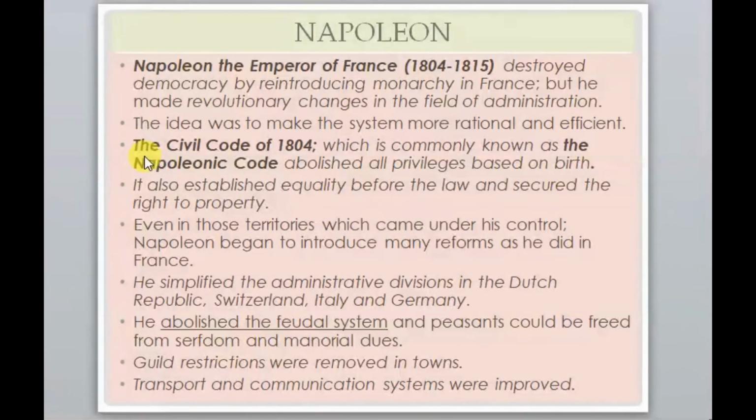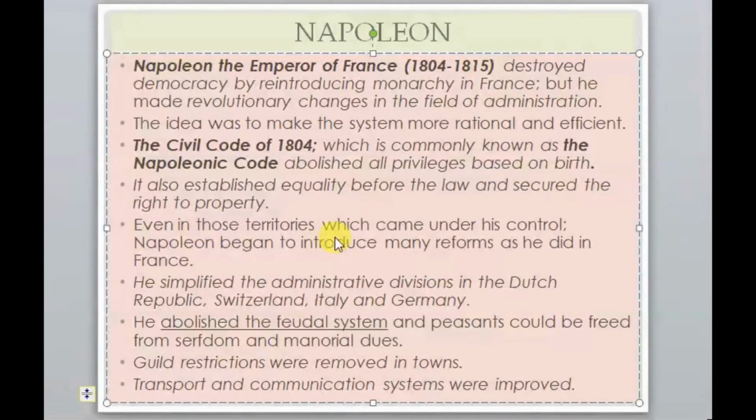He introduced a civil code in 1804 which is commonly known as the Napoleonic Code. In this code, he abolished all privileges based on birth. It also established equality before the law and secured the right to property.